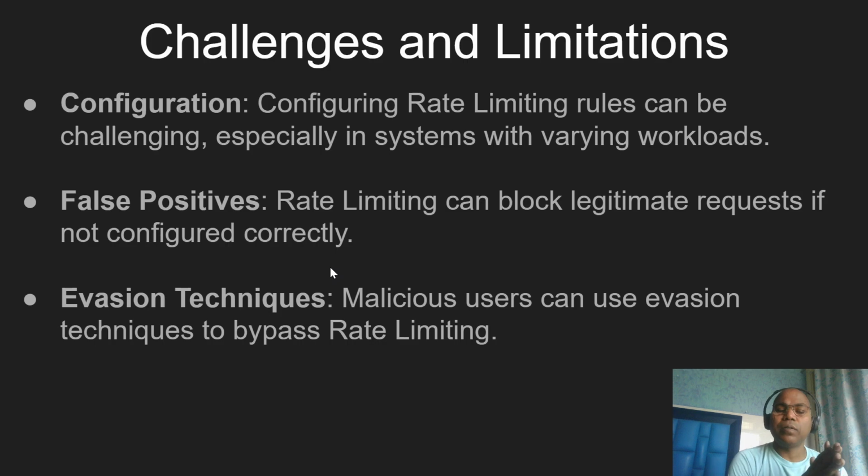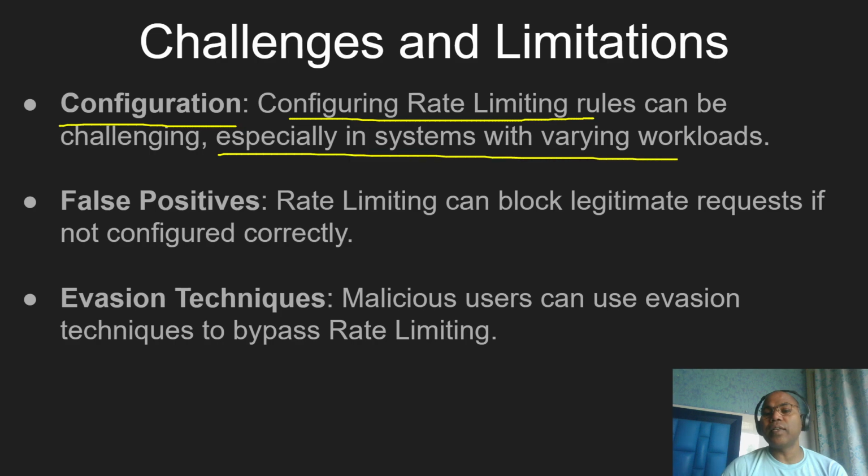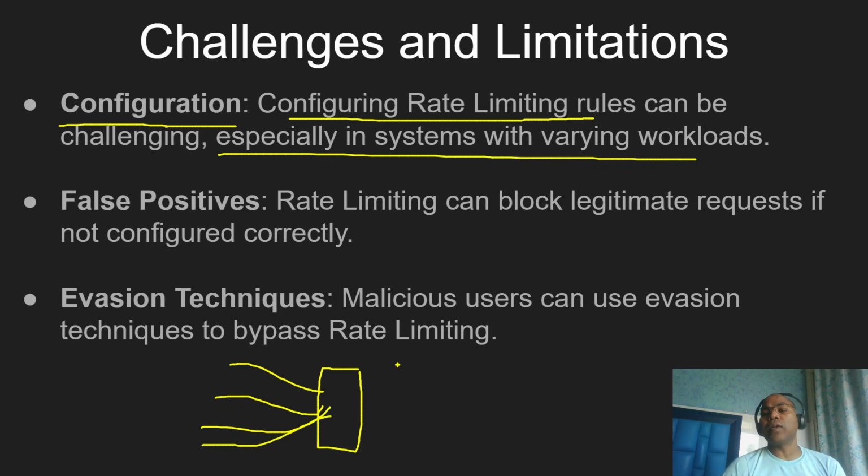And these are some challenges while implementing rate limiting. Configuration is a very key parameter. Whenever you configure rate limiting rules, it can be especially challenging in the network, because the rules can be user-wise, organization-wise, request-wise, data-size-wise, with lots of configuration parameters and lots of different algorithms available. So please be careful.